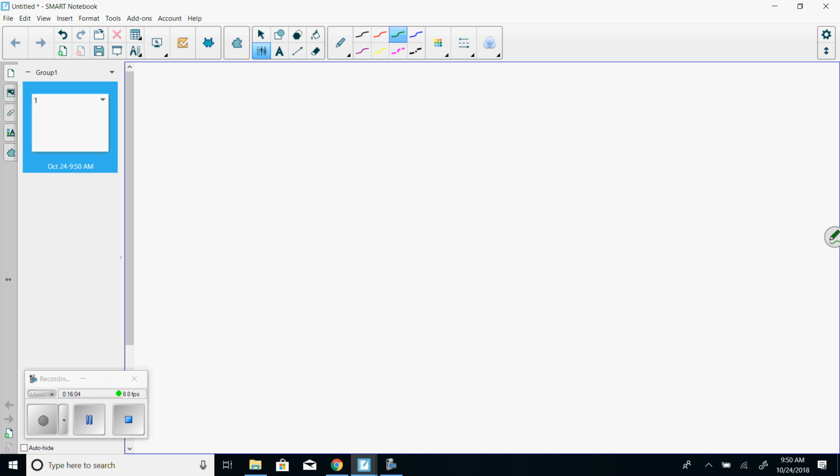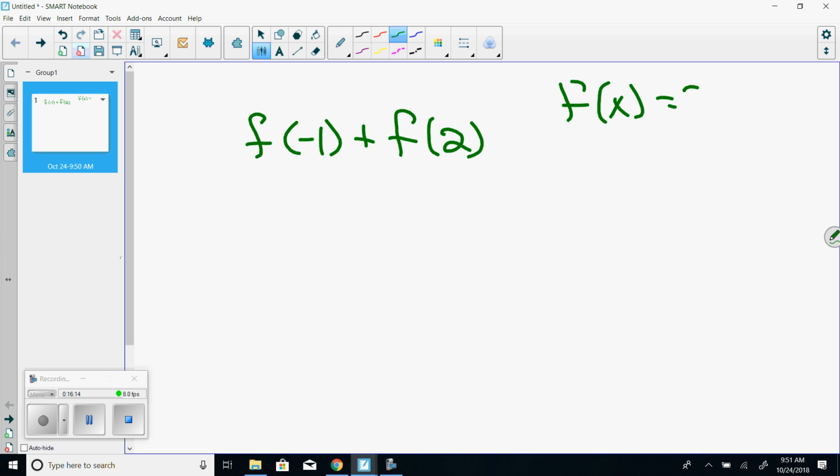we have f of negative 1 plus f of 2, and we're going to use the same equation. Now you're going to do both of these problems separately. You're going to do your f of negative 1, negative 1 minus 3.